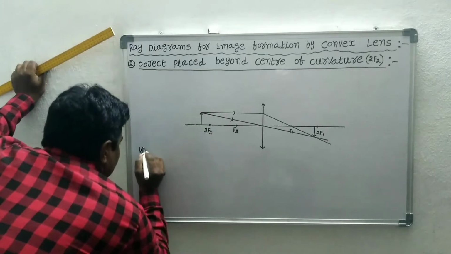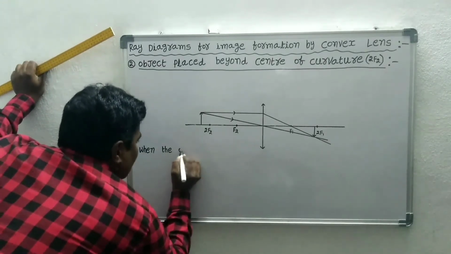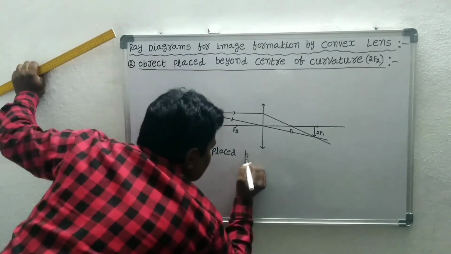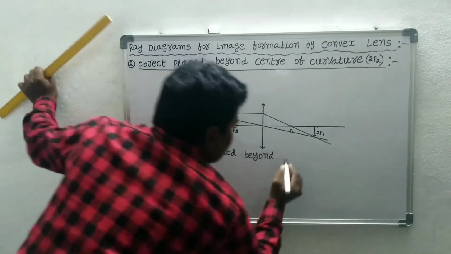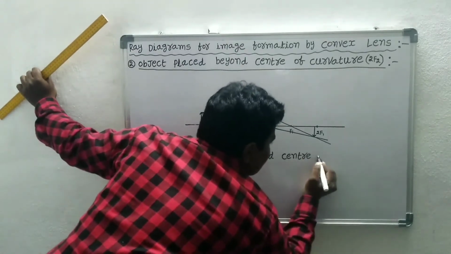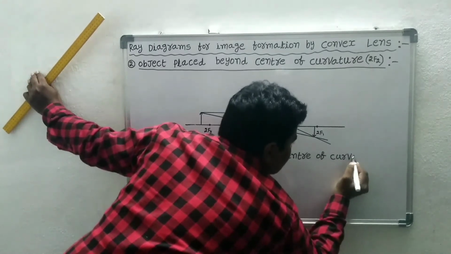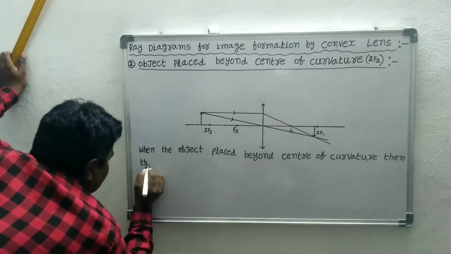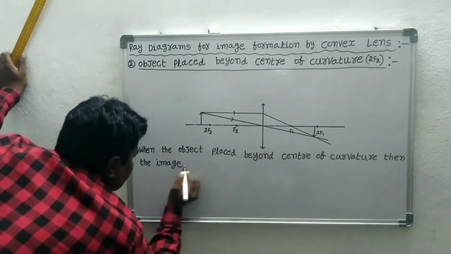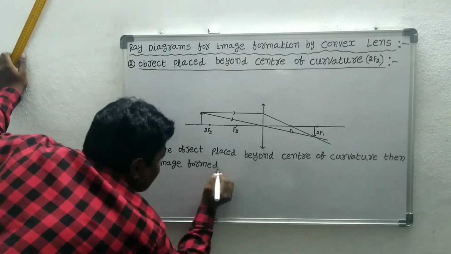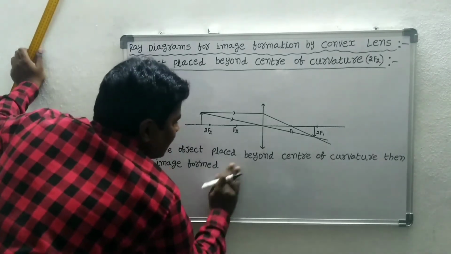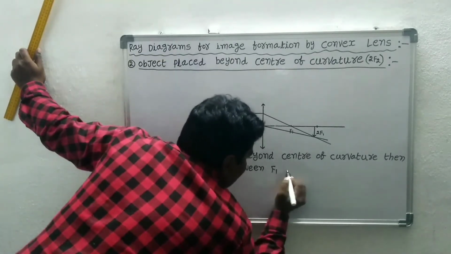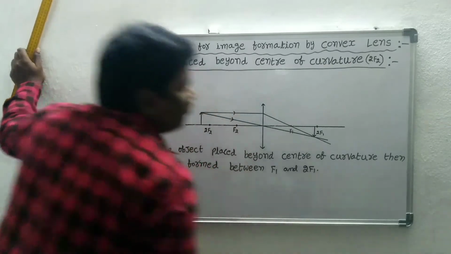So when the object is placed beyond center of curvature, then the image is formed between f1 and 2f1.